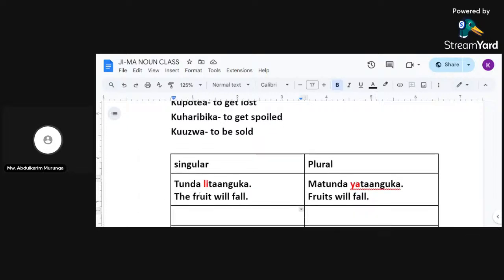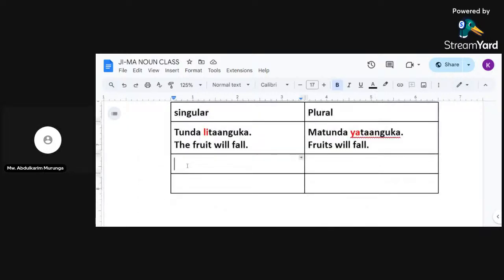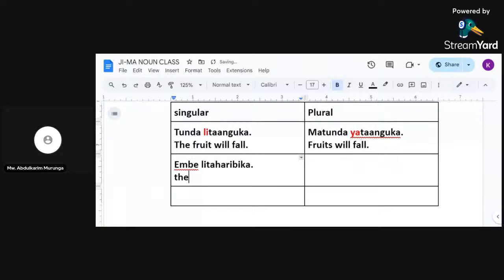Next is this one. Embe litaharibika. The mango will get spoiled.